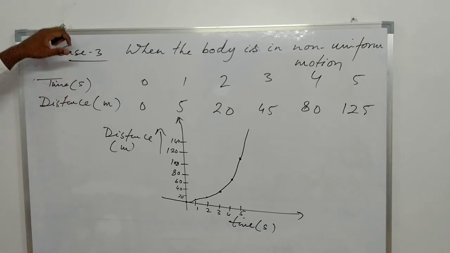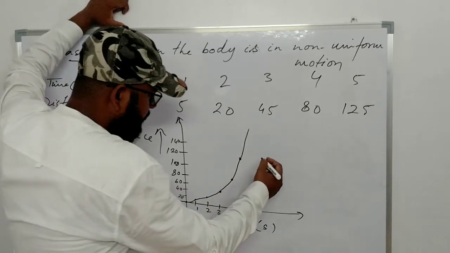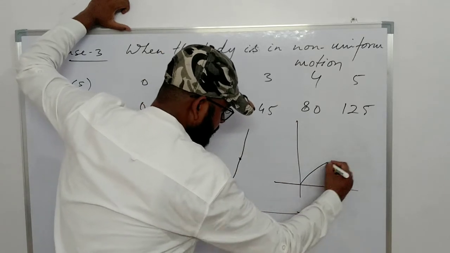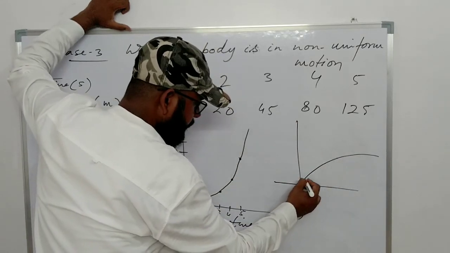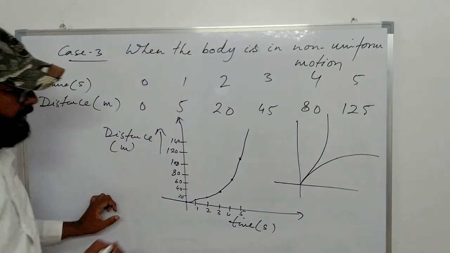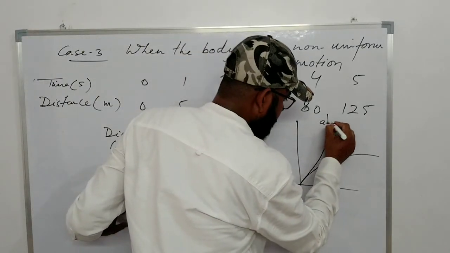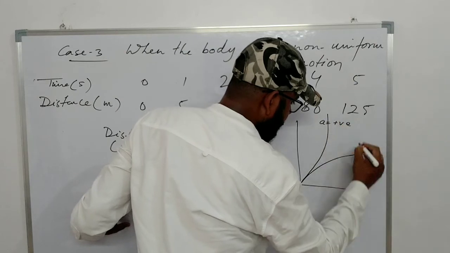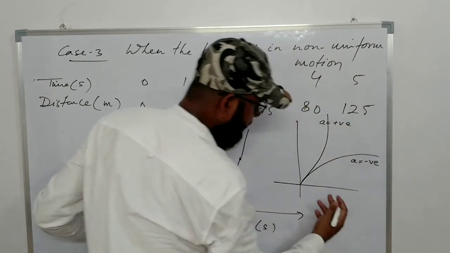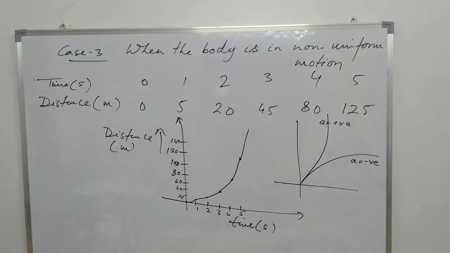The slope of the distance graph is reversed, like this. Here acceleration is positive, here acceleration is negative, meaning retarded motion.